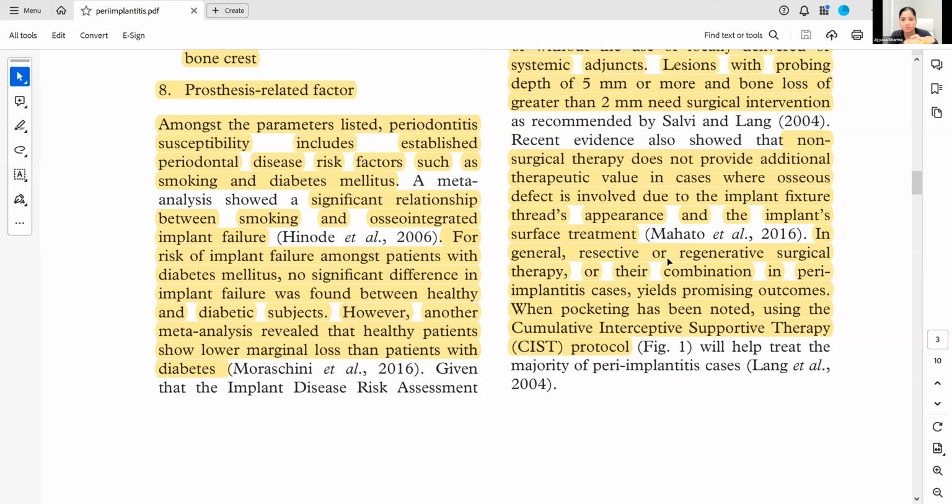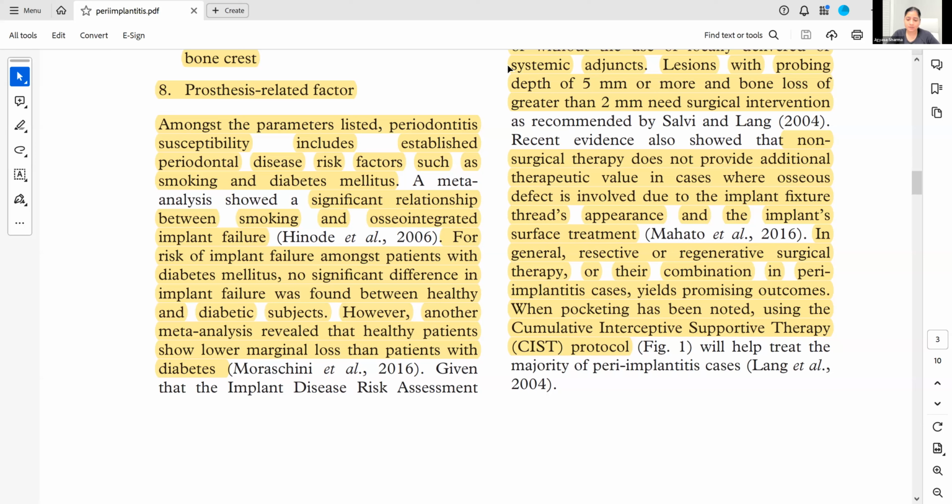Now, for surgical management, in general, resective or regenerative surgical therapy, or sometimes the combination, yields promising outcomes. As with periodontitis, the surgical therapies are either resective, that means preserve what's there and remove the compromised bone or gingiva, but do not add bone grafts, or regenerative therapies where you put the barriers, the membranes, and allow the PDL to regenerate.